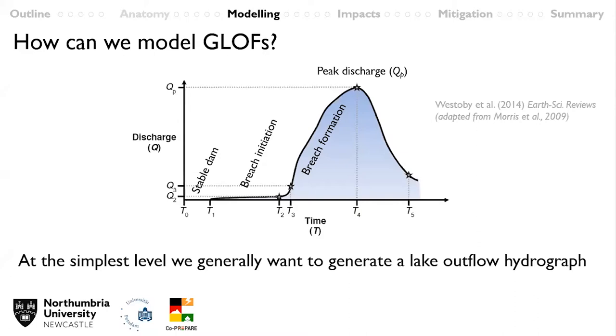However, if it does develop into a full-blown breach, then what we see is rapid increase in discharge and flow from the lake, ultimately peaking at some point. And again, that peak varies in time. The discharge itself is generally, as I said very much earlier in the presentation, many orders of magnitude higher, or at least an order of magnitude higher than the seasonal high flow floods, especially in fairly steep mountain rivers.